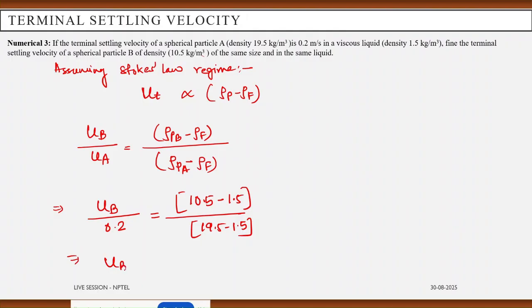It shows ub equals 0.1 meter per second.